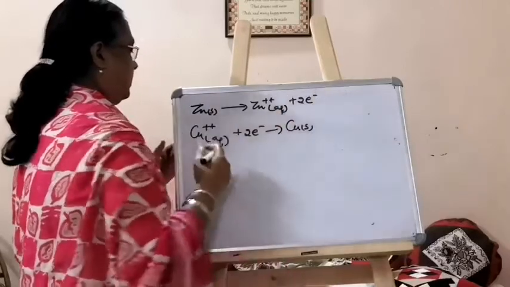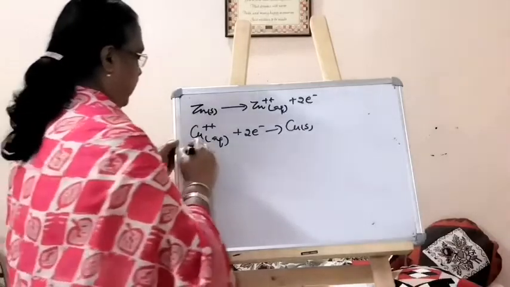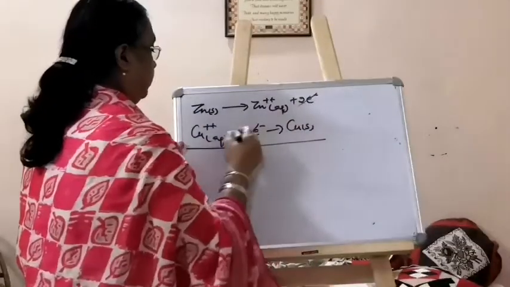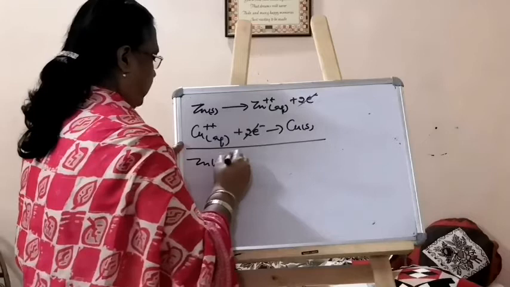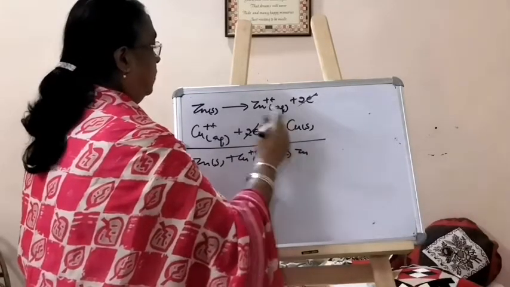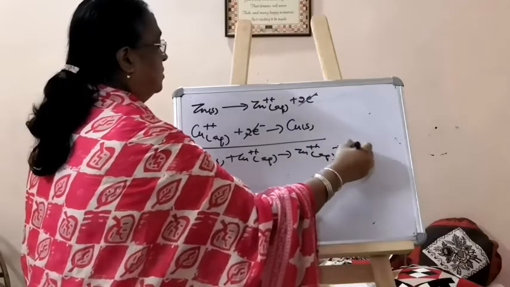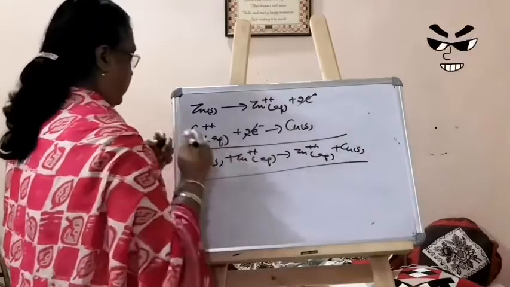This is taking place at the cathode, the reduction half cell reaction. And in the overall reaction, the electrons cancel, and we have zinc solid plus copper ion aqueous giving zinc ion aqueous and copper solid. This is your cell reaction.